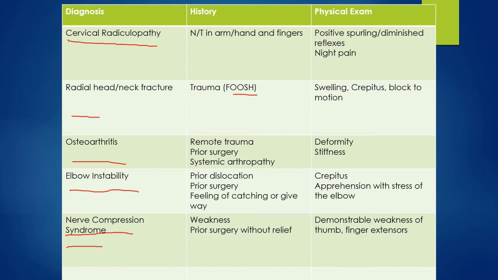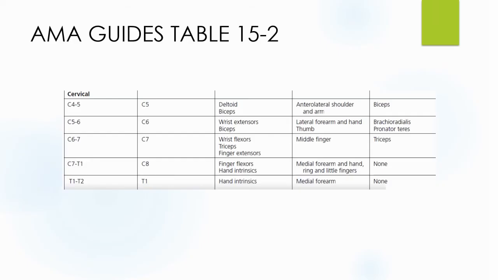So let's talk about the role of cervical radiculopathy in the production of lateral elbow pain. With lateral elbow pain and lateral forearm pain, we're going to most commonly associate pain in this region with radiculopathy of the C6 nerve root.